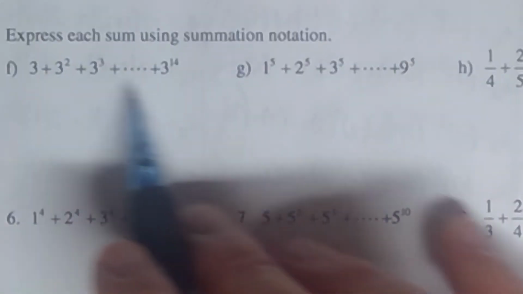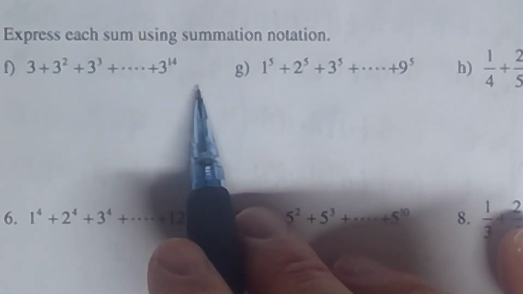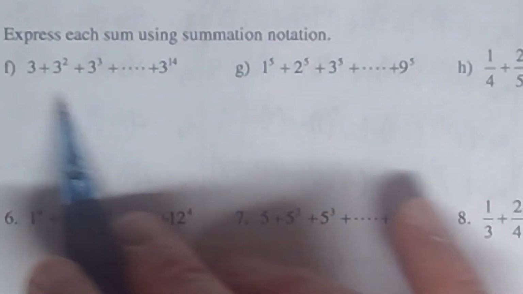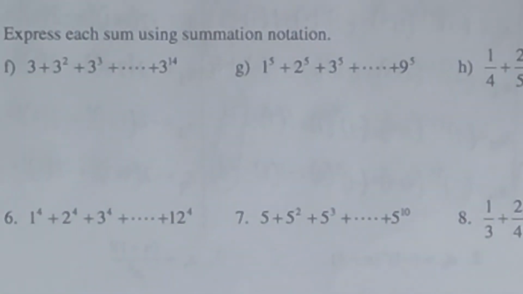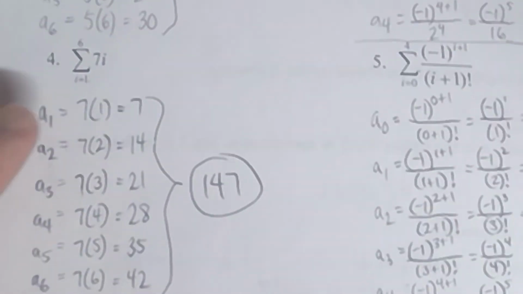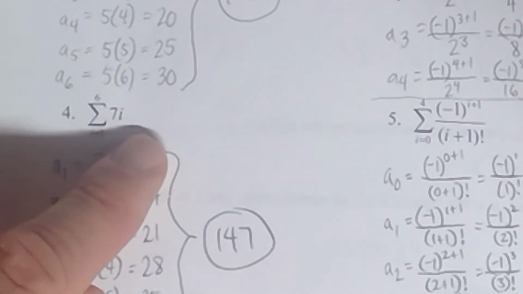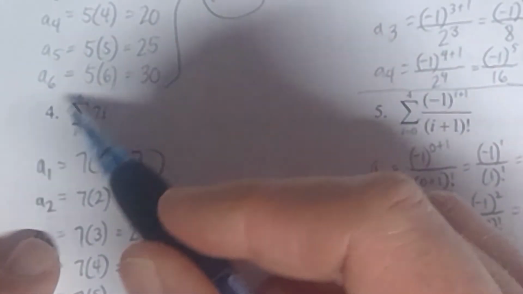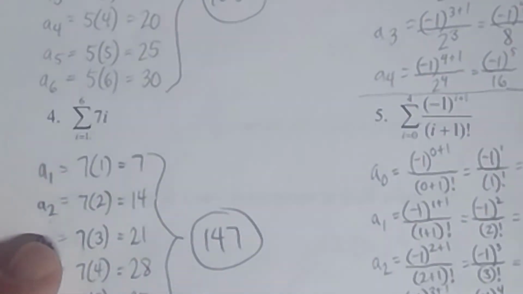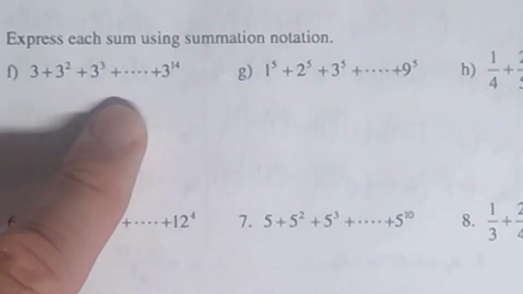This looks like something you would get when you actually start adding the terms together. Now that's the beginning of the problem. And then what they want you to do is they want you to end up with this as your answer here. They want to know what sigma notation or what summation notation this thing right here came from.